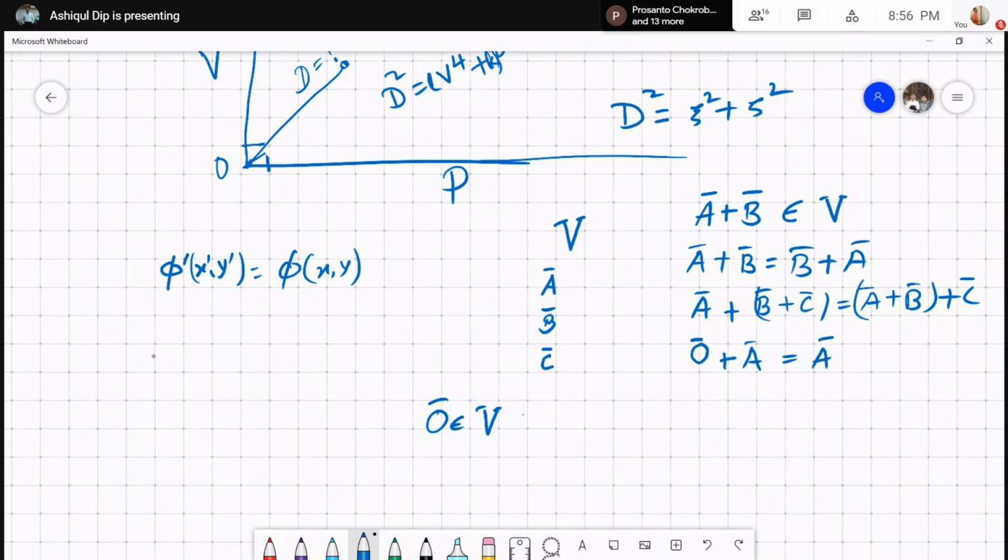And for each A, there has to be some element D such that A plus D equals 0. We call this D the negative of A.